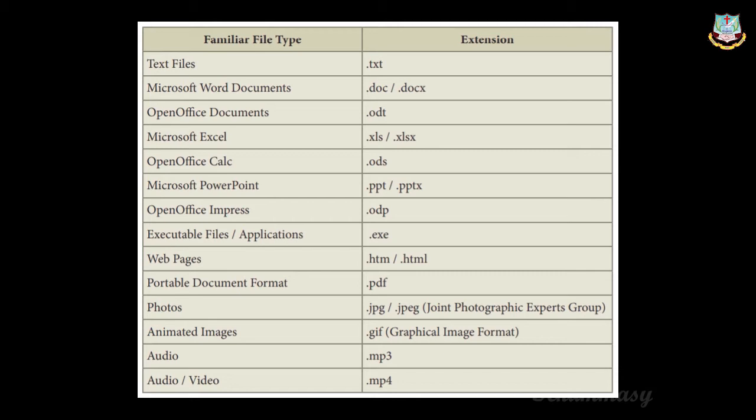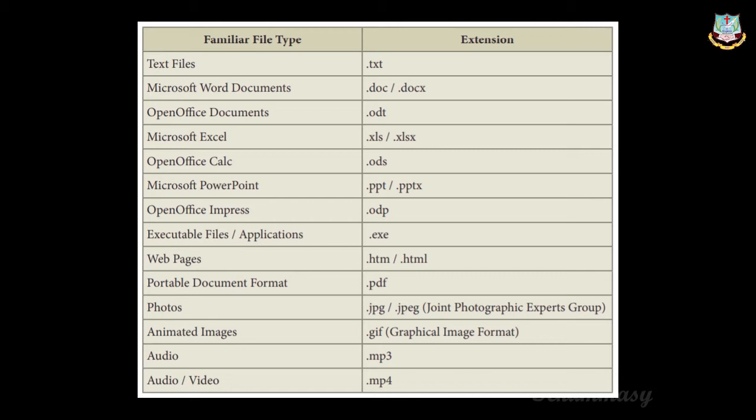Microsoft Excel will be .xls or .xlsx, right? In OpenOffice Calc, now we saw it is .ods, right? For Microsoft PowerPoint, we all know .ppt or .pptx, right? In OpenOffice, instead of PowerPoint, we'll be learning about Impress, okay? The extension for OpenOffice Impress is .odp, okay?